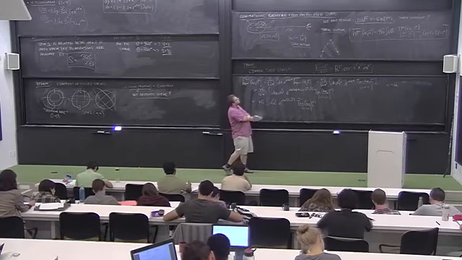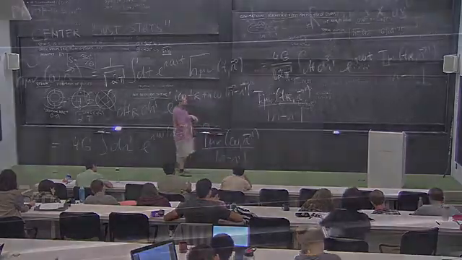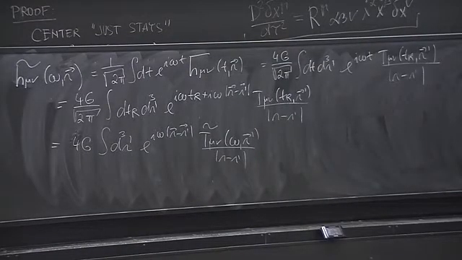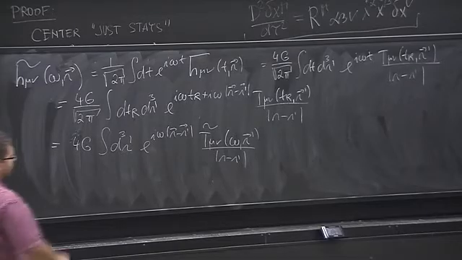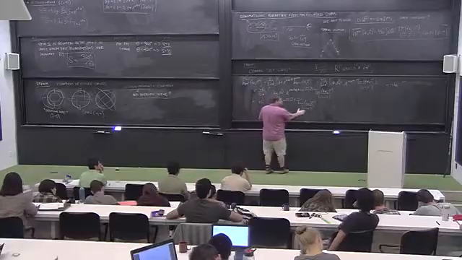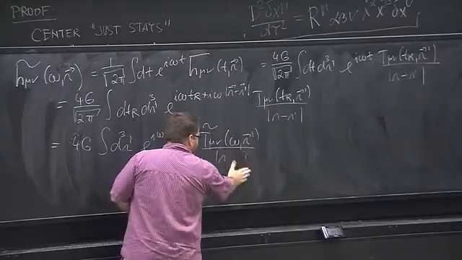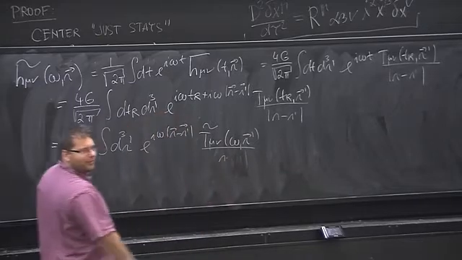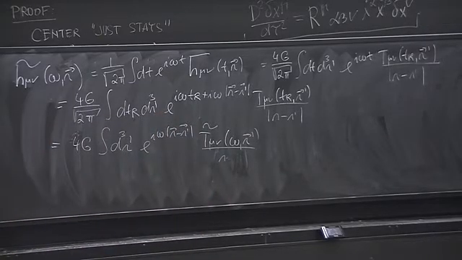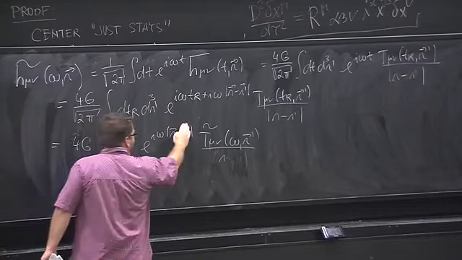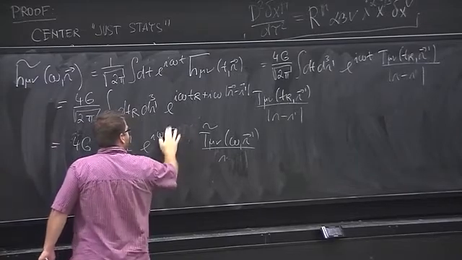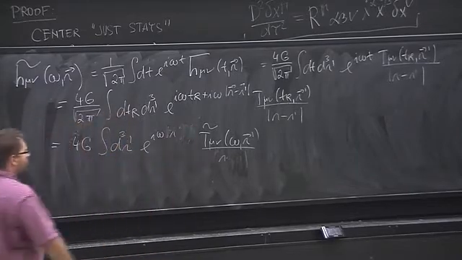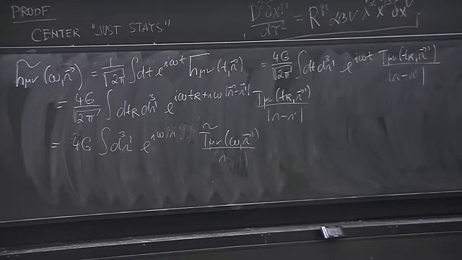And then I use again the fact that I'm very, very far away. So r is much, much bigger than r prime. So I neglect this r prime here, I have r. And then I neglect this r prime here, I have r. Okay, so that's just using the fact that r is much, much bigger than r prime.